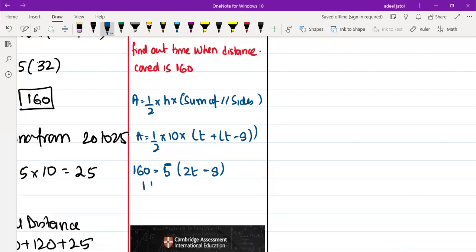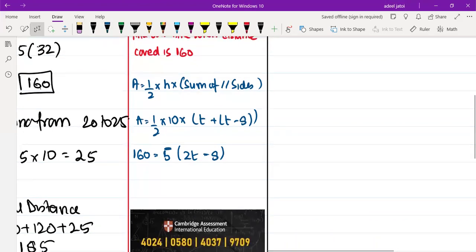160 divided by 5 will become 32. And then plus 8 is equal to 2t. So 40 divided by 2 gives t.